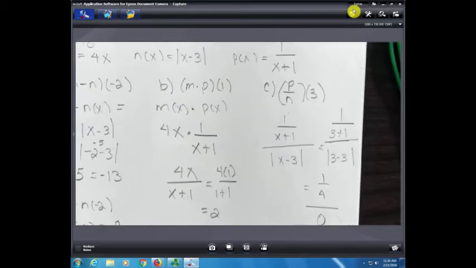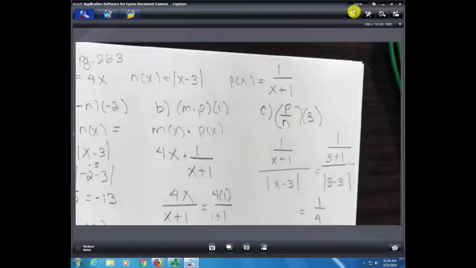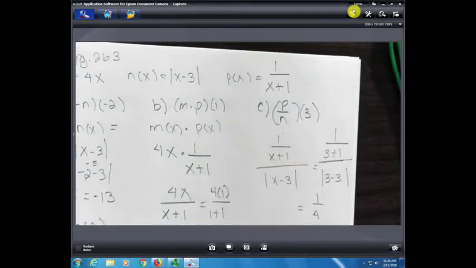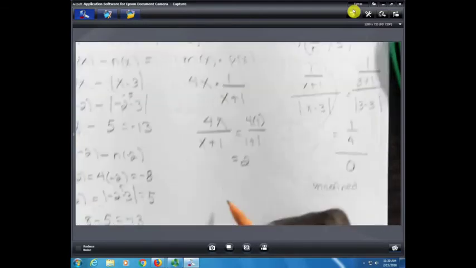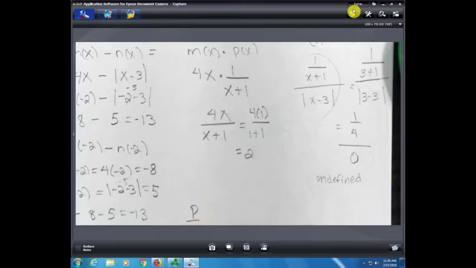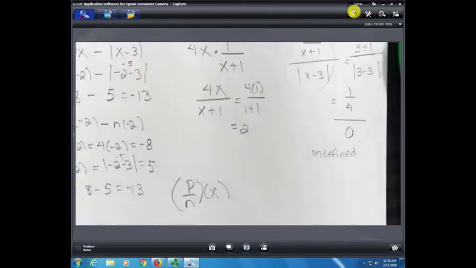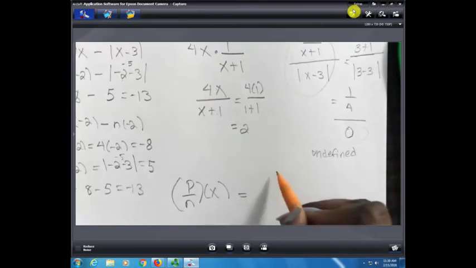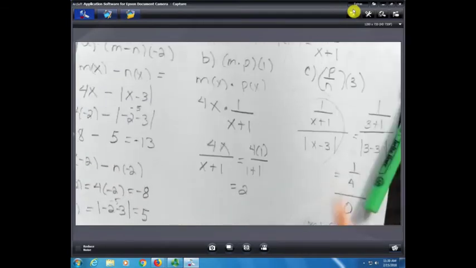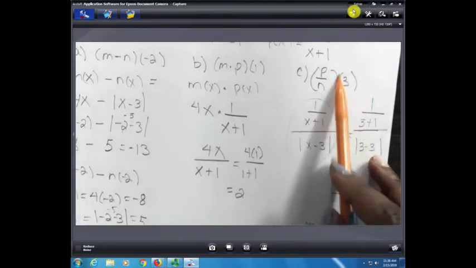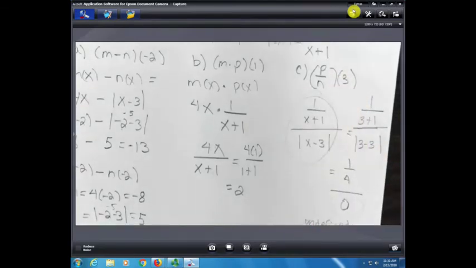Now let's look further into depth into this C part here. If I go back to this original function, this P divided by N of X. We already know at 3 this function is undefined.